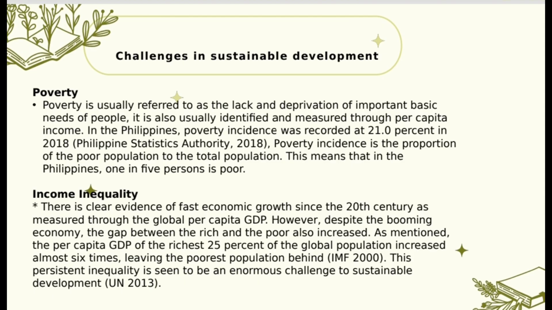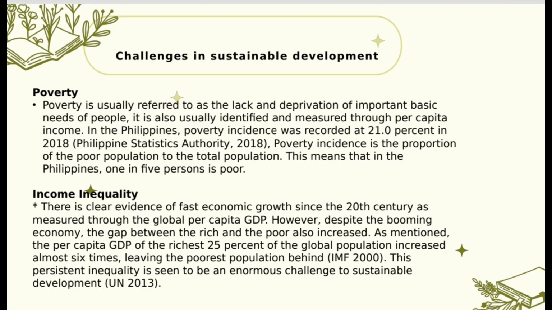First is poverty. Poverty is usually referred to as the lack and deprivation of important basic needs of people. It's also usually identified and measured through per capita income. So next is income inequality. There's clear evidence of fast economic growth since the 20th century, as measured through the global per capita income.